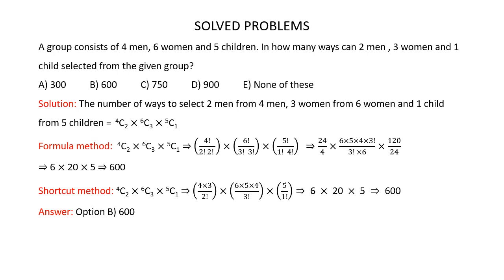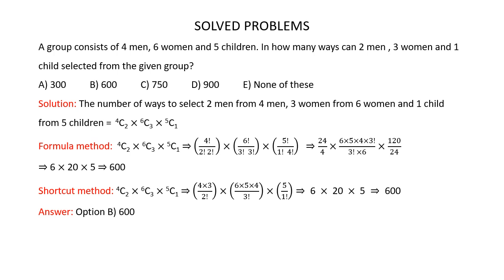Now we can find the value of 4C2 multiplied by 6C3 multiplied by 5C1 either using the formula method or using the shortcut method. Let's look at the formula method first.